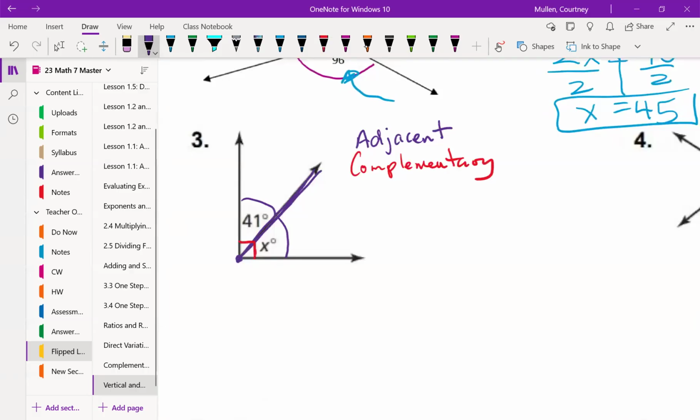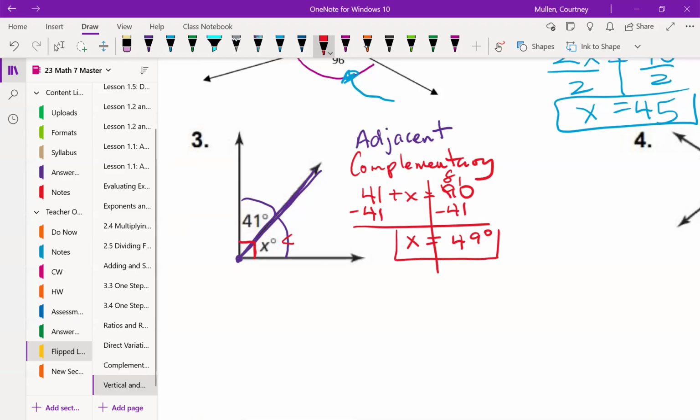That gives us information. So then we'll write our equation from here and solve. Is this degrees? It is, because this is just x, so this would be 49 degrees.